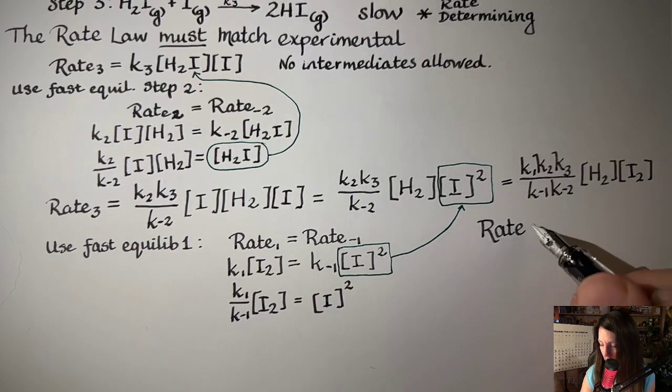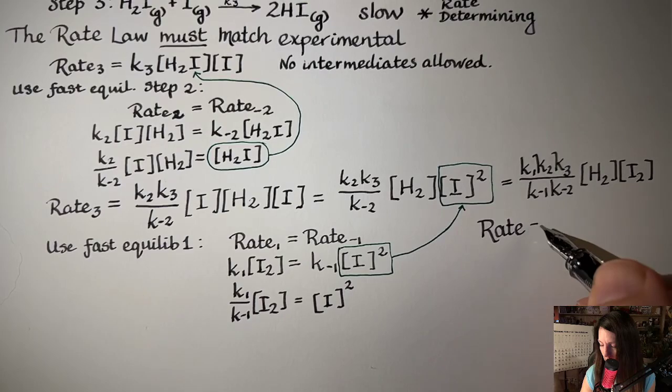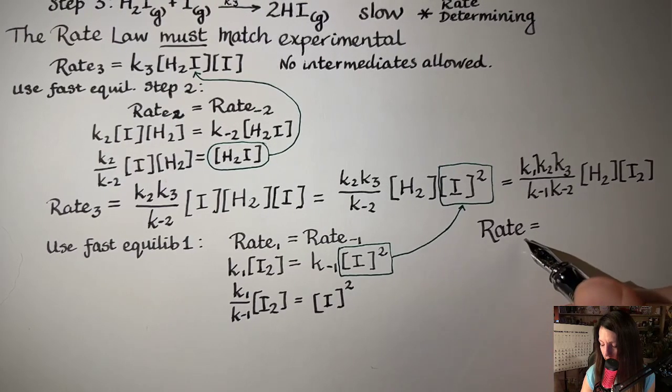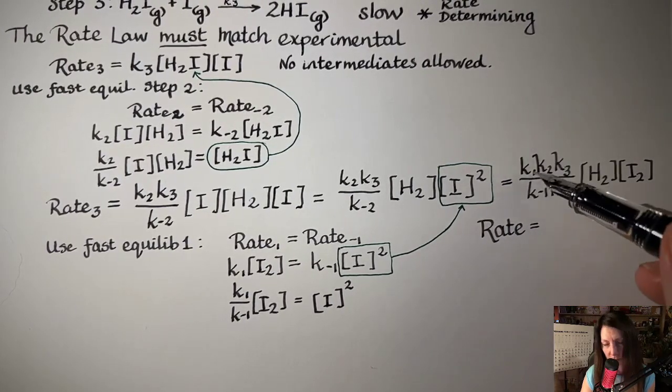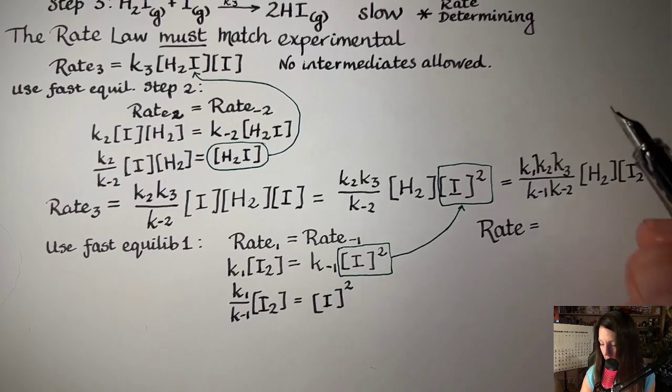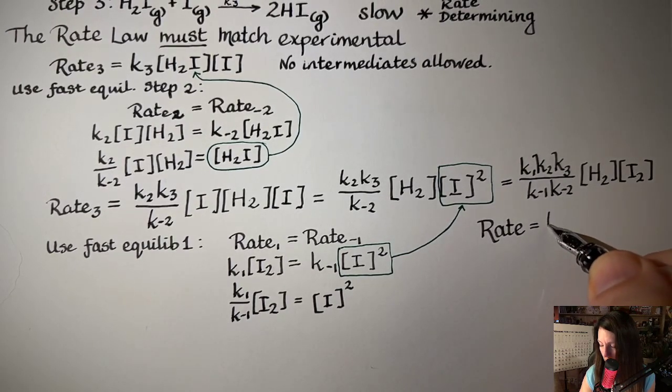So we can just call it the overall rate. And all of these are constants, so we can roll them into one constant.